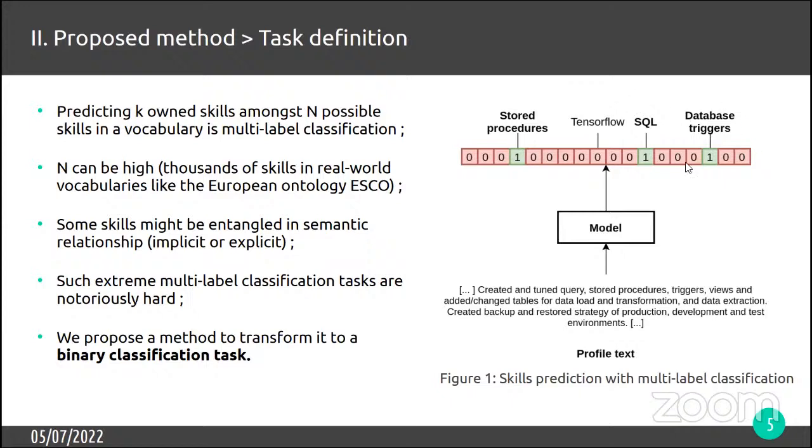You have some models, some algorithms, which take as input a text, however it is represented, and output all the possible labels, which are the skills in a vocabulary, and assign them scores: 0 if the skill is not owned by an individual, 1 if the individual has the skill.